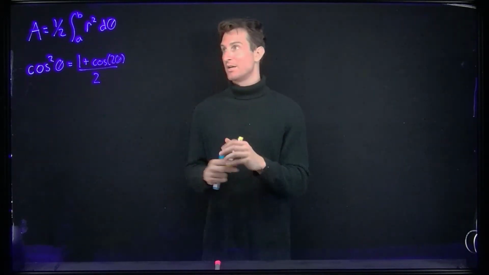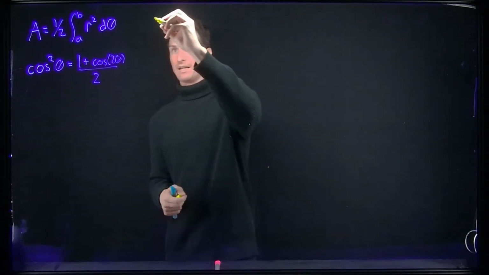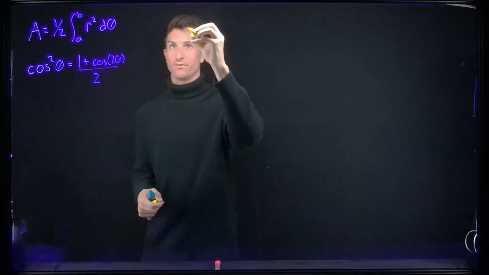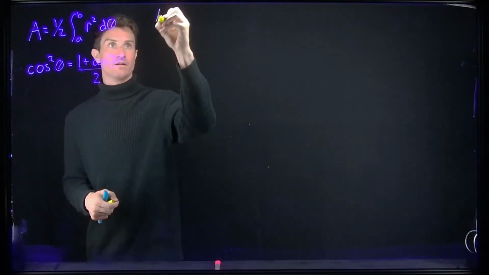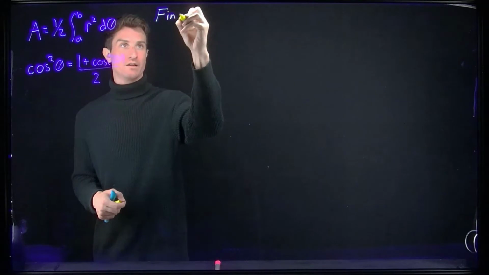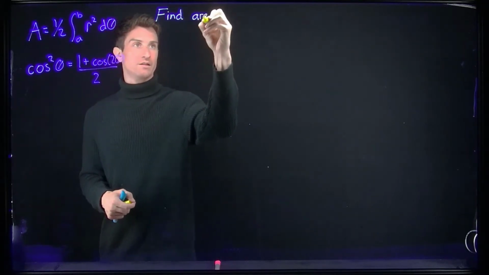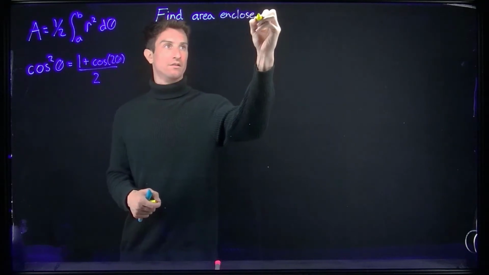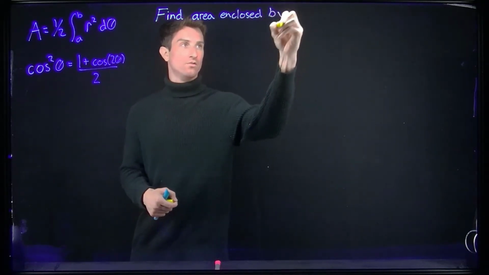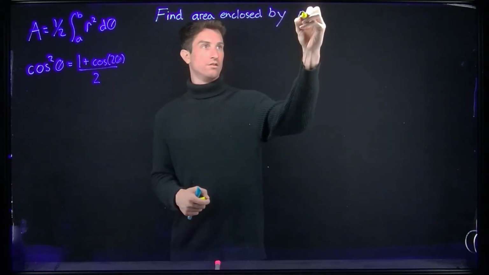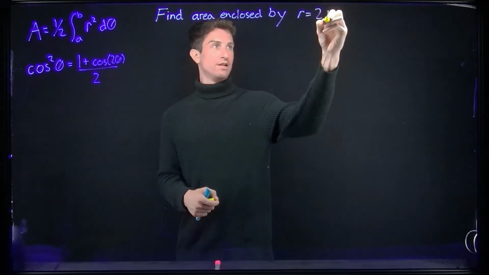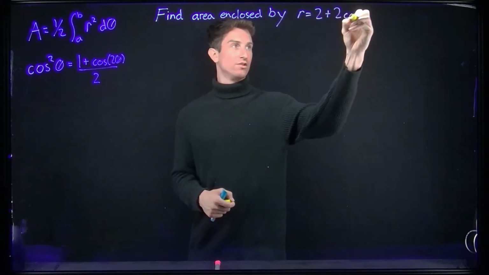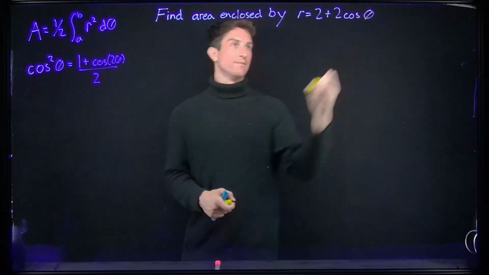And same idea, we're going to find the area enclosed by r equal to 2 plus 2 cosine theta.